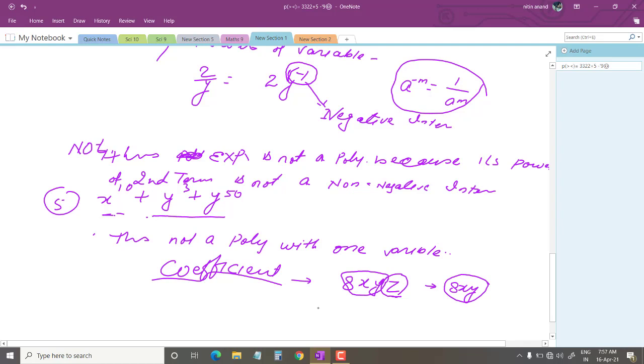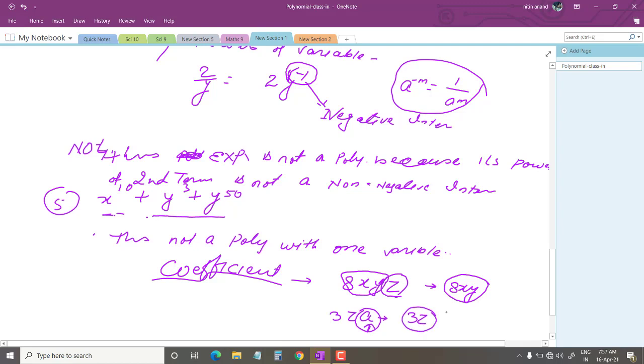Suppose a second example, 3za. Now the question is, what is the coefficient of a in this term? Then we will remove a from this term and the remaining element will be 3z. So 3z is the coefficient for this term.